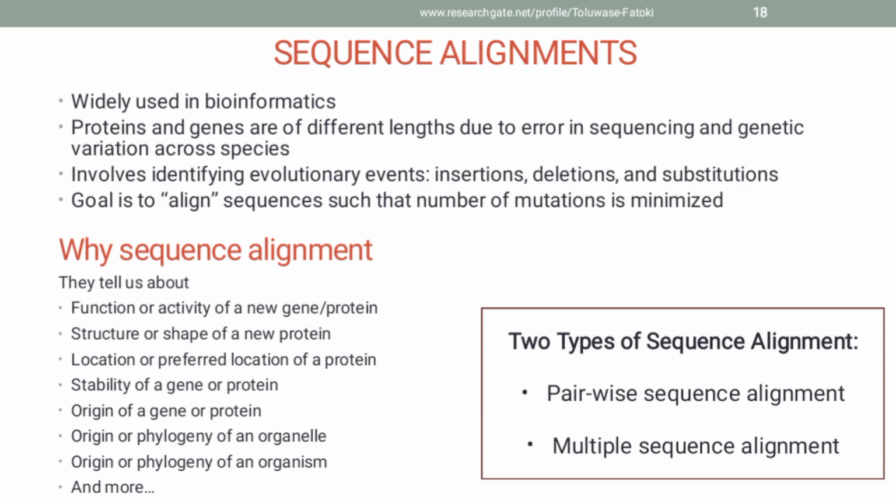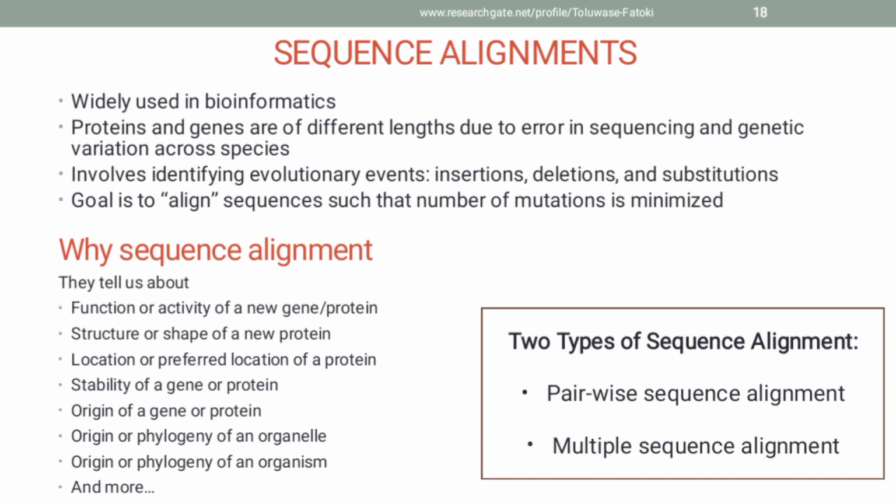Any sequence that you obtain, DNA or RNA from plants, from a microorganism, or from any living thing, you have to align and compare your sequence with others, and then see the areas of similarities and areas of differences. So sequence alignment is widely used in bioinformatics. It's very central to bioinformatics.